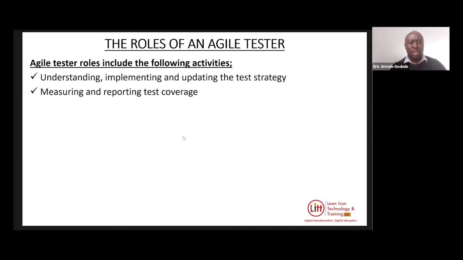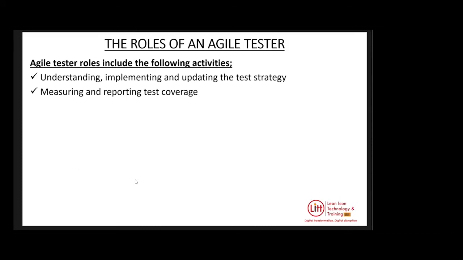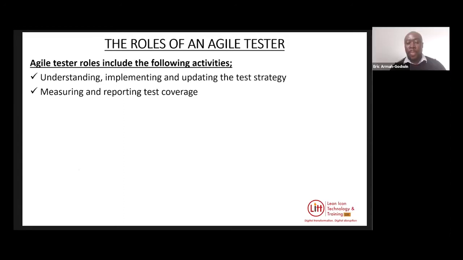Another role is measuring and reporting test coverage. On an Agile project, one of the roles of a tester is to measure and report test coverage. Remember, when we started, we talked about monitoring and control activities. Okay, so these come into play in testing in an Agile project.